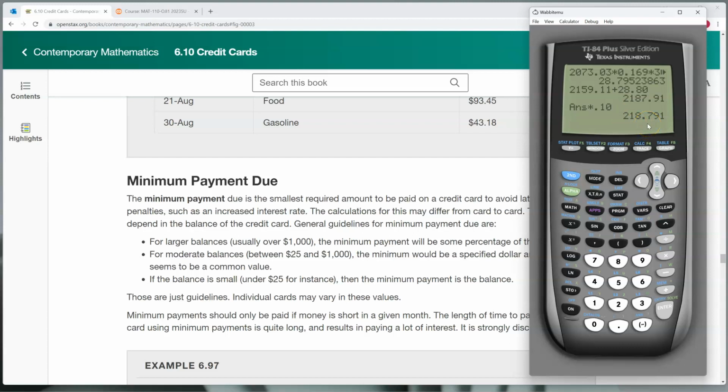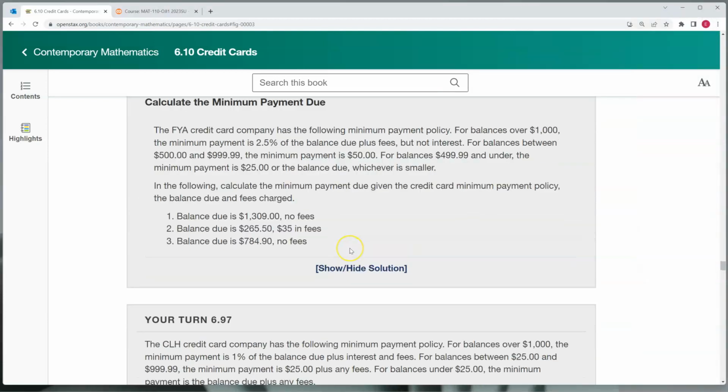And that's actually good for you, because if you carry a higher balance for too long and you're only paying $40, then that just makes it like decades until you can pay off your credit card. So in this case, this is beneficial to you for them to set the math this way.